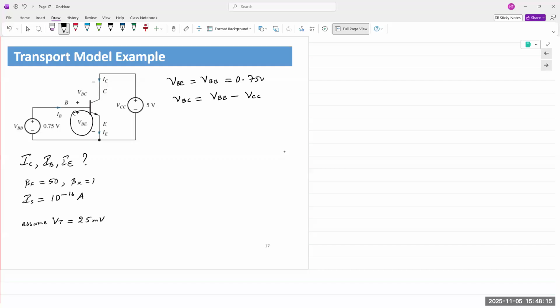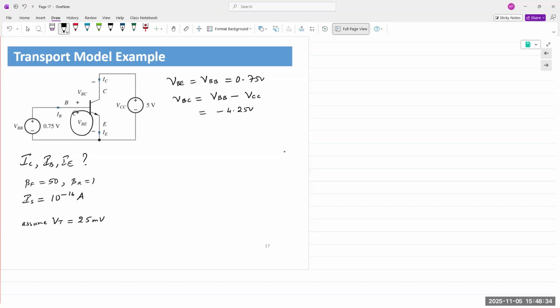Simply measuring from the base to the collector. So collector and emitter is 5 volts. We have 0.75 volts in the base and the emitter, meaning we simply subtract and we get minus 4.25 volts.